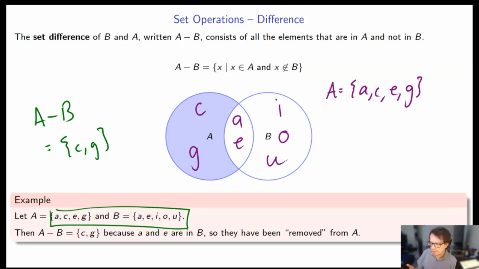If you're doing A minus B, write out A and go through B. Whenever you see something in B that is in A, literally scribble it out. So when you go through B and you see A, you say, okay, A is in B, so scribble that out. Then E is in B, scribble that out. I is in B. I don't see O, I don't see U. Okay, I'm just left with C and G, we're done.